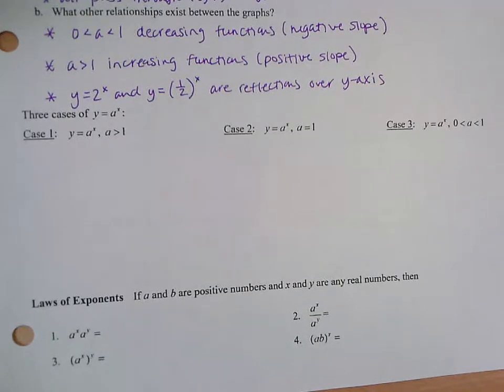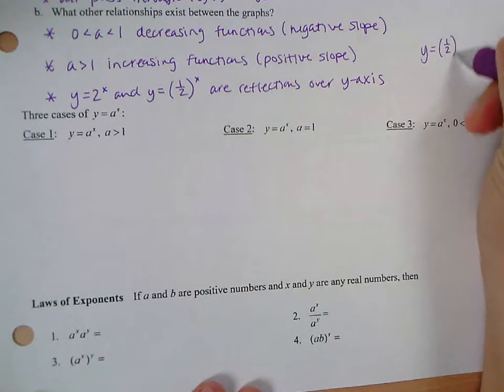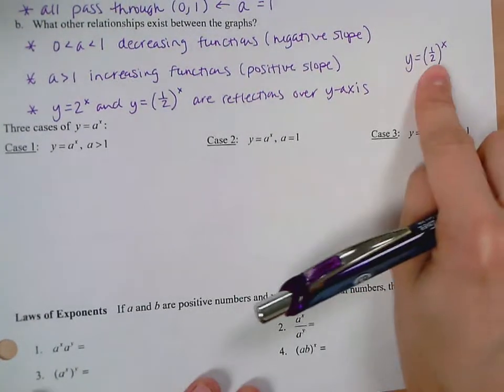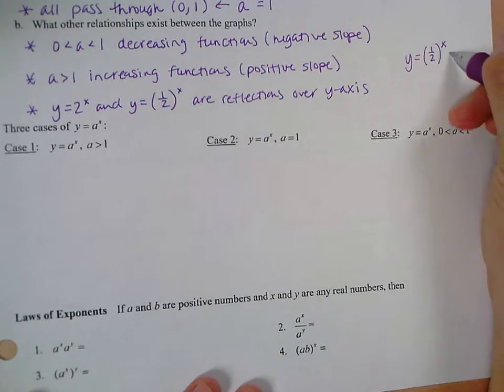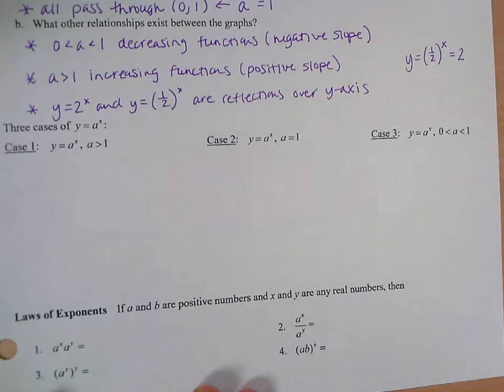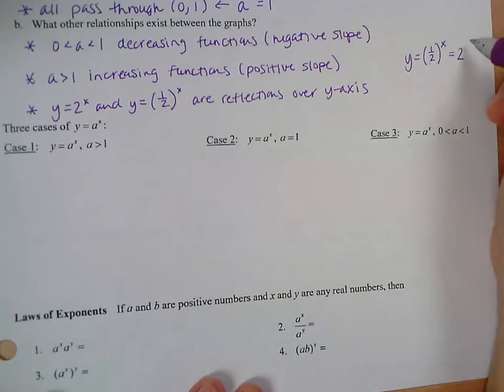What if I have y equals 1/2 to the x? I could write this. I could flip the base of 1/2 to make it a 2 or 2 over 1. And if I flip the base, what happens to the exponent? It's not a logarithm. That's not the direction I'm going.